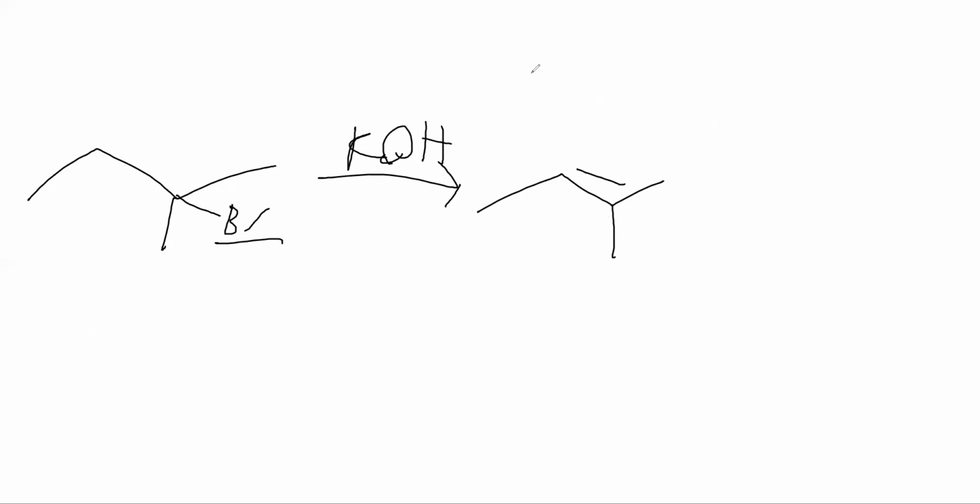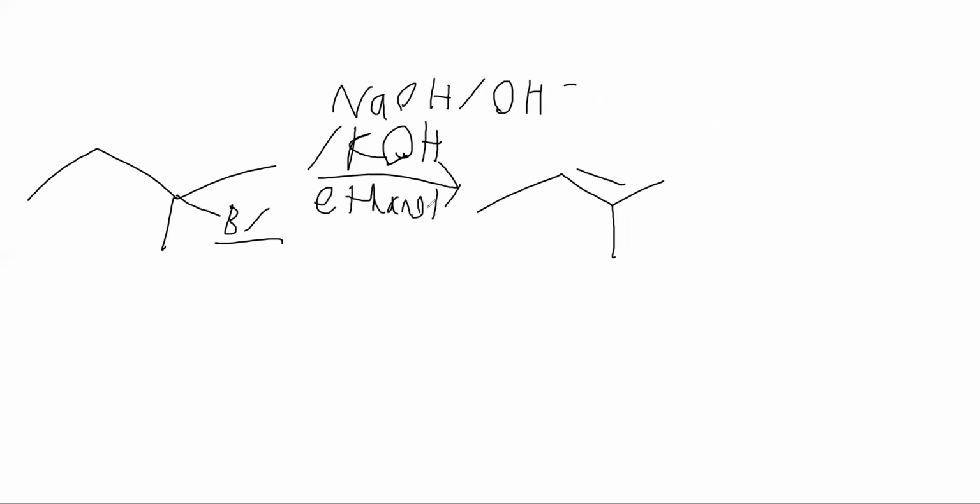I'm butchering these OHs. Okay, it is KOH, or it could be NaOH, or it could just be OH minus. It doesn't really matter. It's just some base, and then ethanol is just an alcohol.